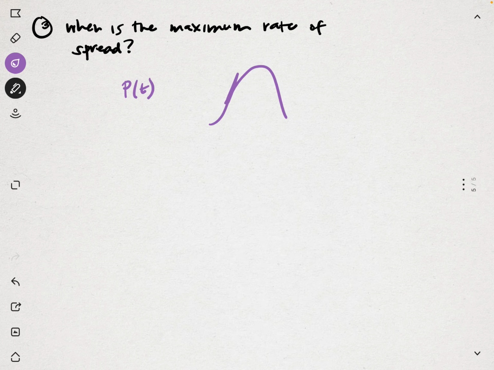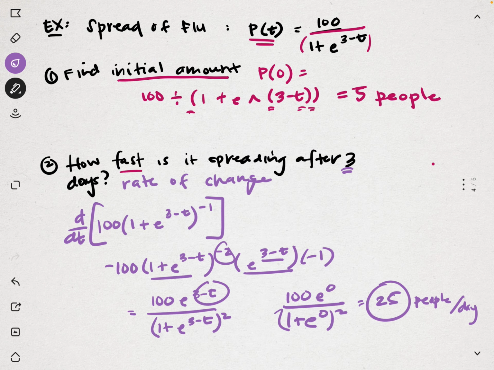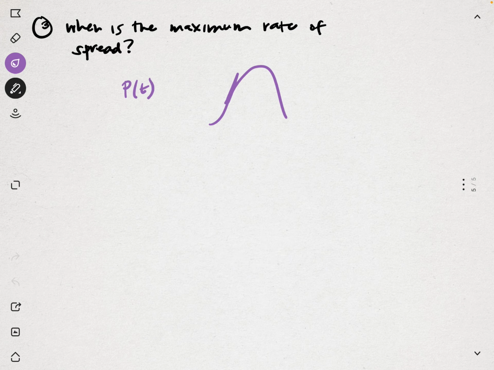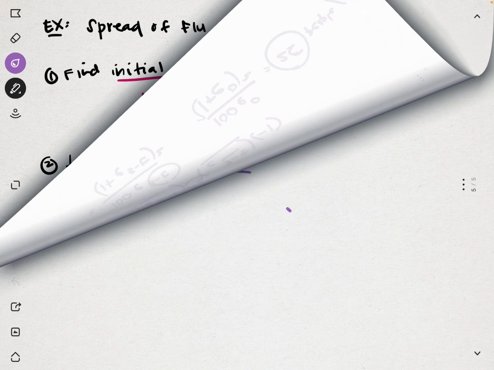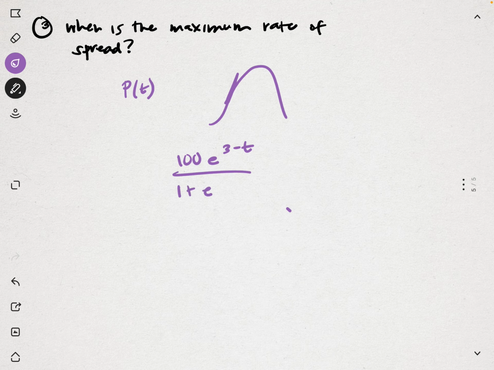But the more elegant way, because we already did the derivative and we know what it is, it's going to be 100 e to the 3 minus t over 1 plus e to the 3 minus t squared. Right, we can graph this and just find when it's equal to 0. So this is the derivative.